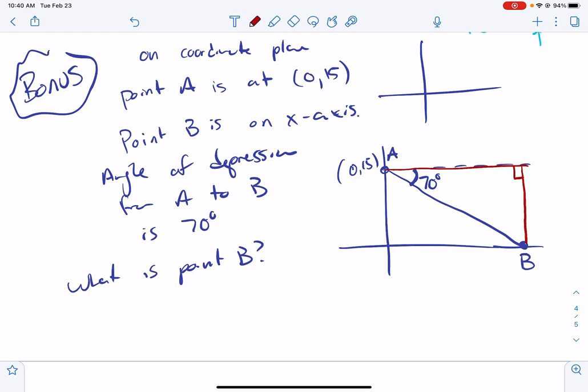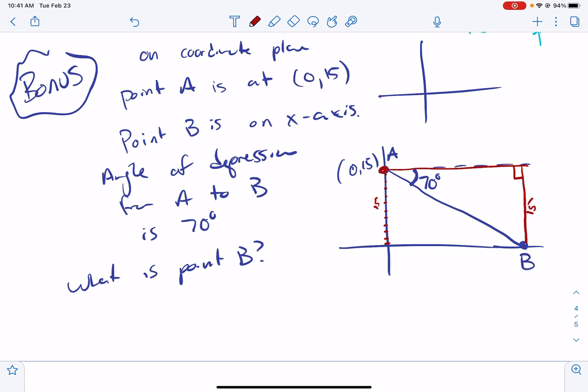Now, what do I know about my picture? I know that this point is at 0, 15, which means this distance right here is 15, which also means that this distance right here is 15. Okay, so now I know an angle and a side.